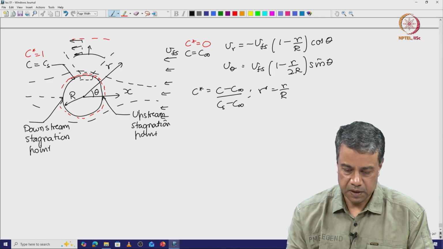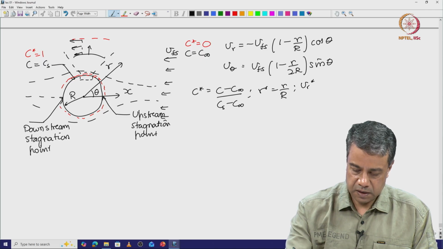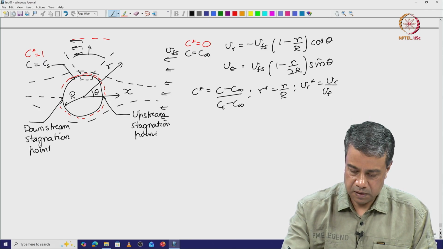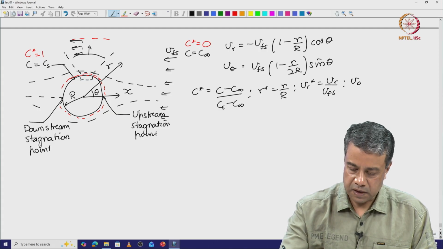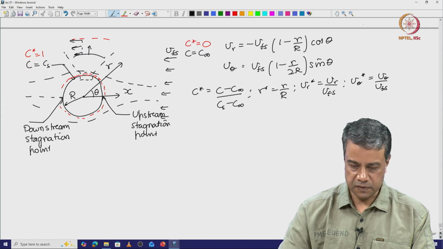The velocity scales: V r star is equal to V r divided by the free stream velocity, and V theta star is equal to V theta divided by the free stream velocity. So, those are the velocity scales.